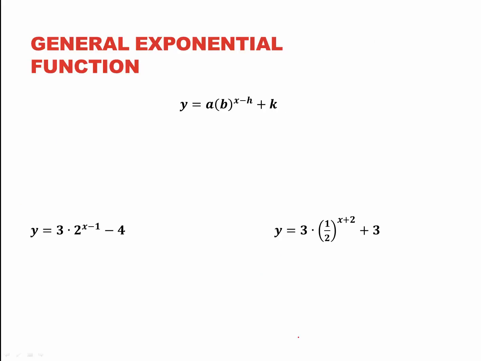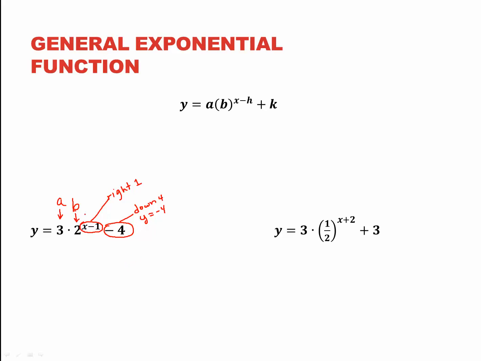All right, let's start graphing some that have variations on them. So when I look at this function right here, I see that this is a, this is b right here. I notice that this means that I'm moving to the right 1 unit. And this means that I'm moving down 4, and also that y equals -4.